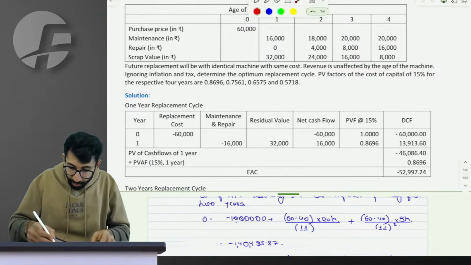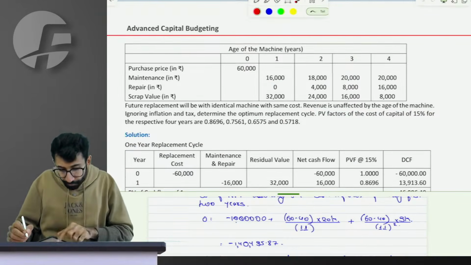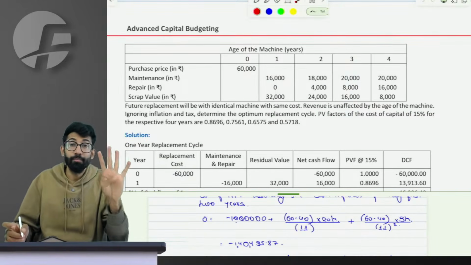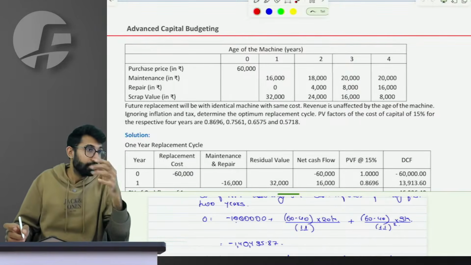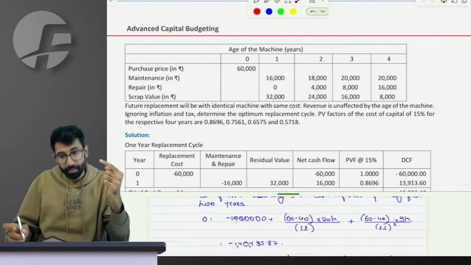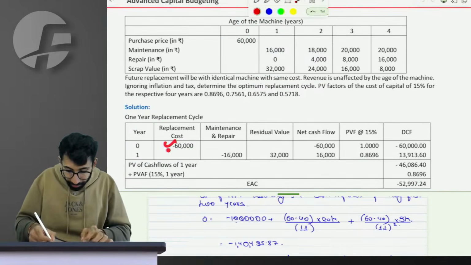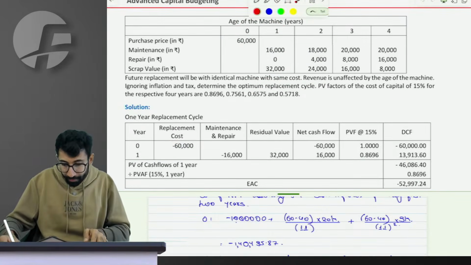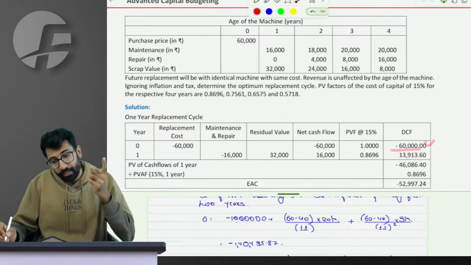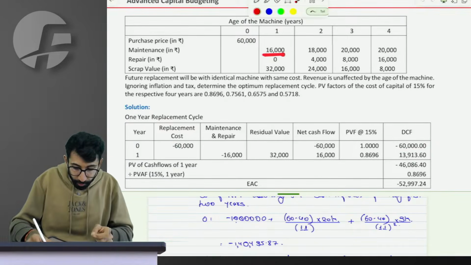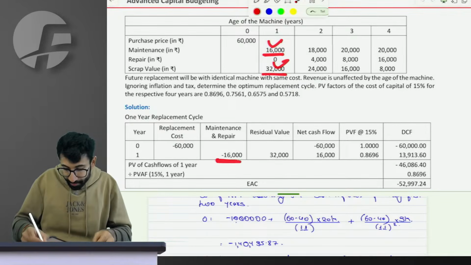Now, what should you do? You have to calculate the NPV. You have to calculate the equated annual cost 4 times. If I replace at the end of the first year, the initial cost to buy is 60,000, so the present value is also 60,000. At the end of the first year, maintenance is 16,000 outflow, 32,000 inflow, net 16,000 inflow.